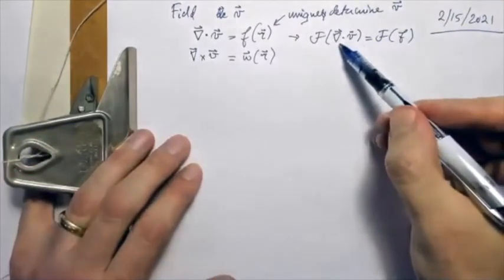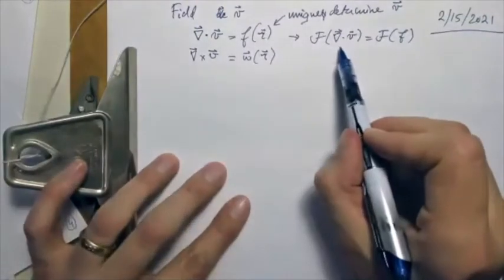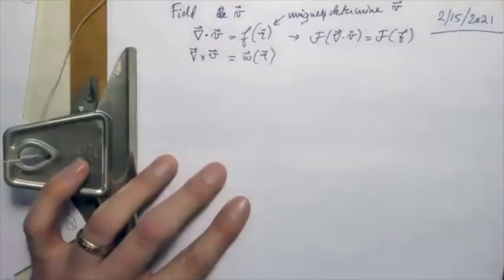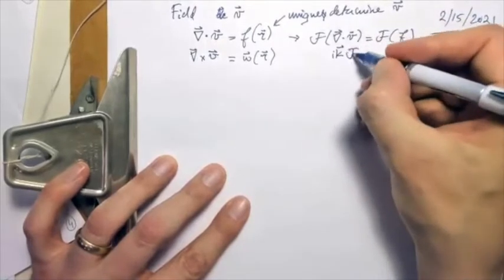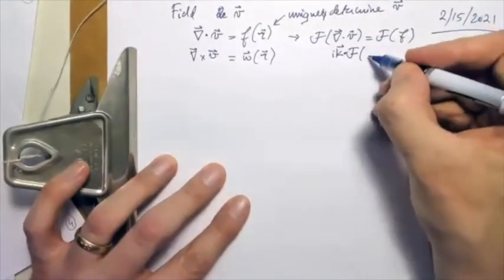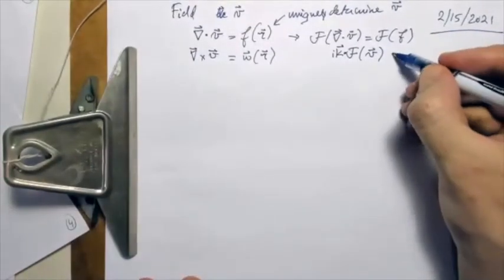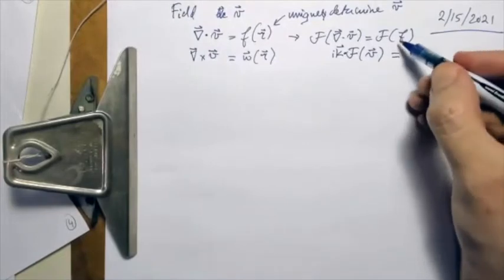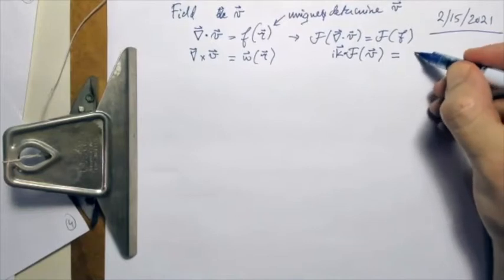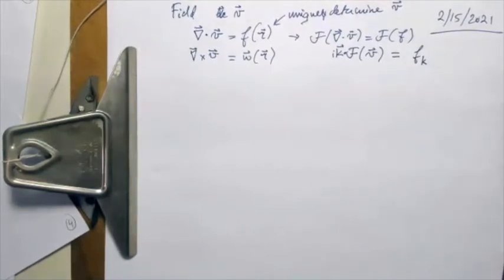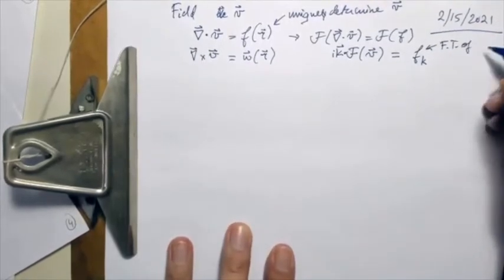Now, taking the Fourier transform of the Nabla operator is the same as pulling the Nabla operator out and leaving an i and a k vector dotted with the Fourier transform of that field V. The Fourier transform of f we'll call f sub k.